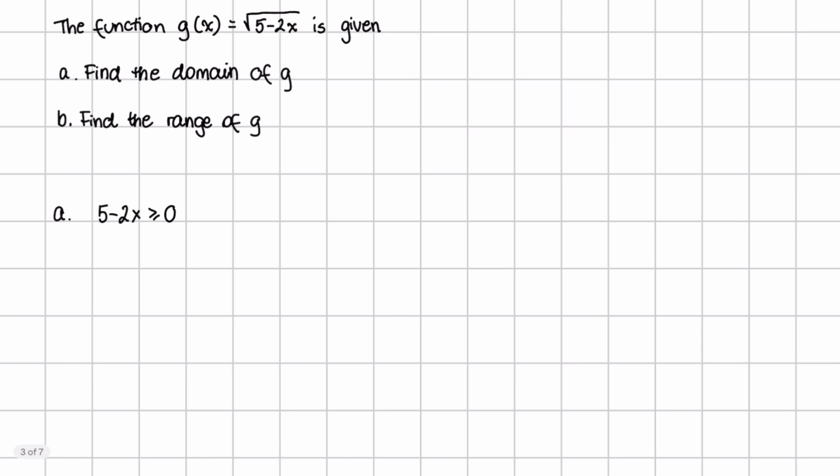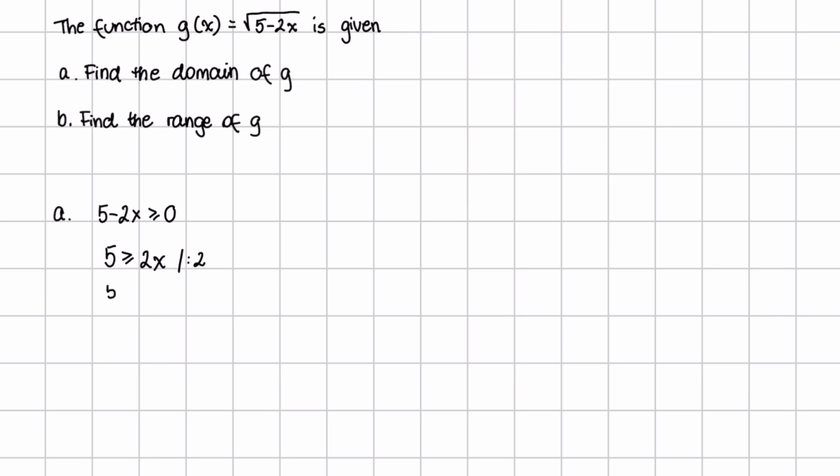Now we have to move negative 2x to the right hand side, so we change its sign. Here we have 5 and now we have 2x. Then to find x, we need to divide both sides by 2.